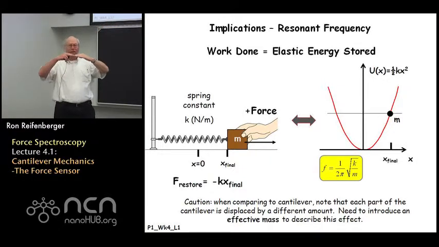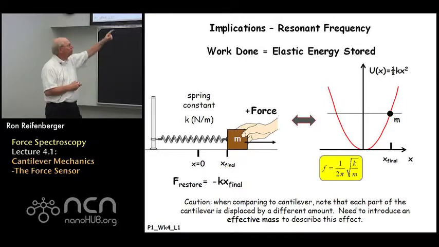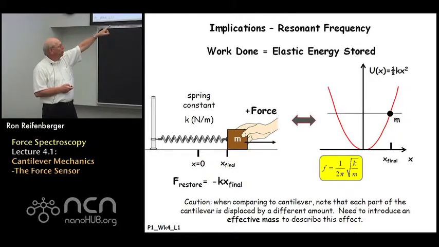If you take a cantilever beam and you bend it and then let it oscillate, different parts of the cantilever beam are going to oscillate with different amplitudes. And so that means that this standard formula that says the frequency of oscillation is going to be proportional to the square root of K over M, that formula has to change.